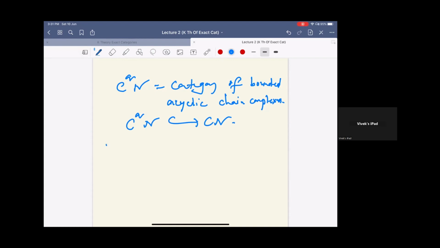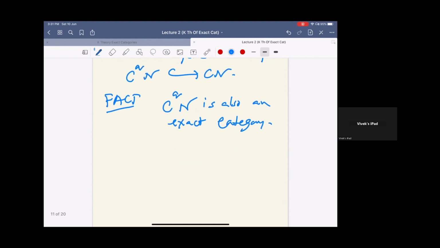And another point is that CQ(N) is also an exact category. The exact structure remains the same, it's not a problem.